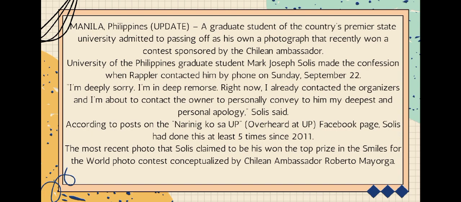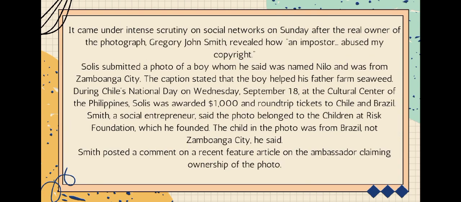According to posts on the Narinig Ko sa UP, Overheard at UP Facebook page, Solis had done this at least 5 times since 2011. The most recent photo that Solis claimed won the top prize in the Smiles for the World Photo Contest, conceptualized by Chilean Ambassador Roberto Mayorga, came under intense scrutiny on social networks on Sunday after the real owner of the photograph, Gregory John Smith, revealed how an imposter abused his copyright.